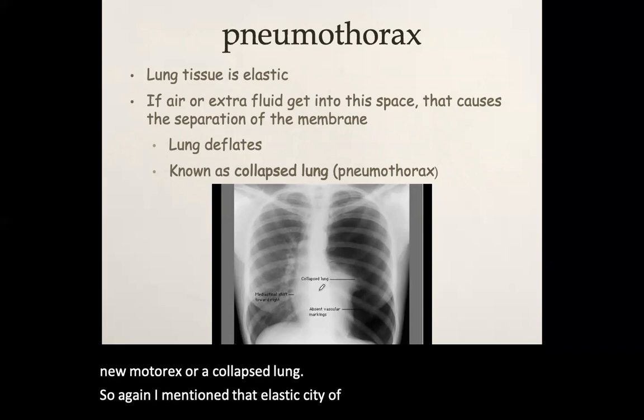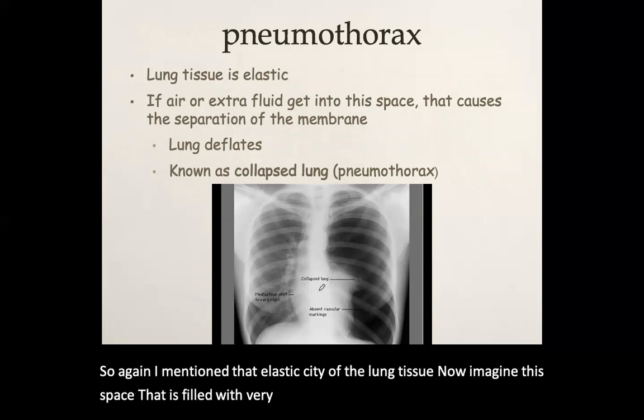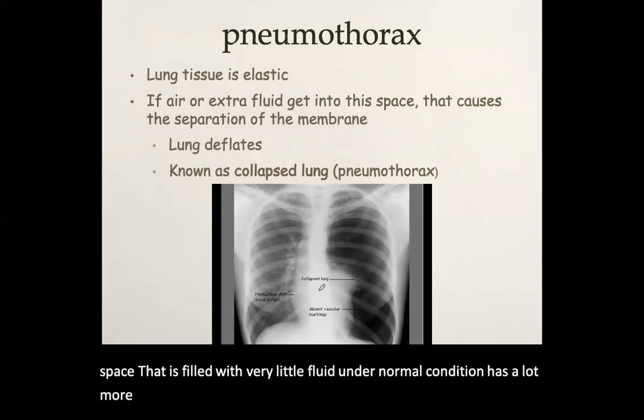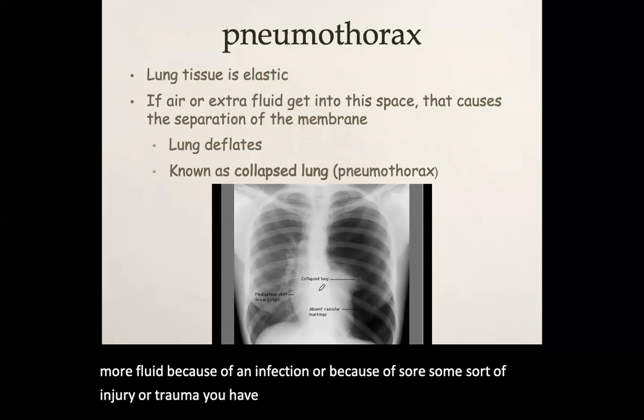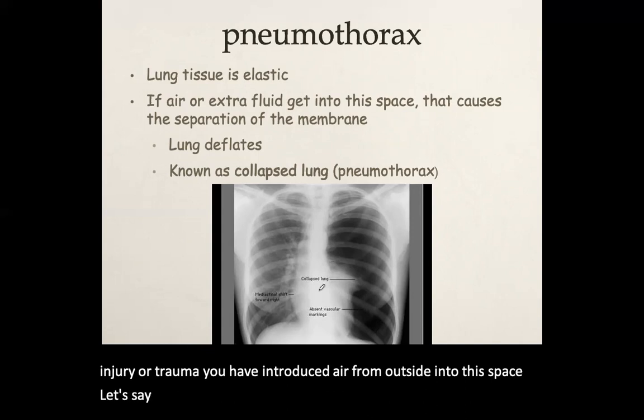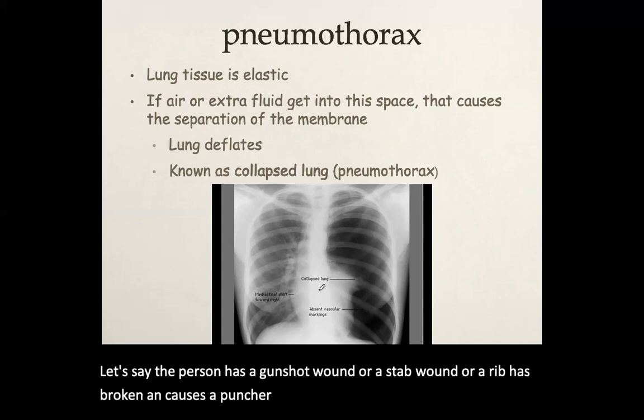Now imagine the space that is filled with very little fluid under normal conditions has a lot more fluid because of an infection, or because of some sort of injury or trauma, you have introduced air from outside into this space. Let's say the person has a gunshot wound or a stab wound, or a rib has broken and causes a puncture inside this space.